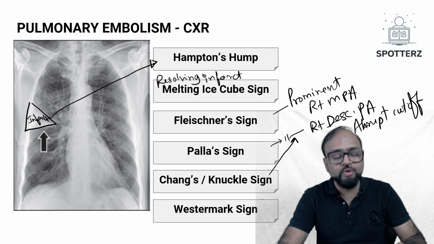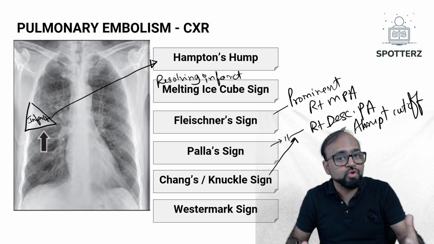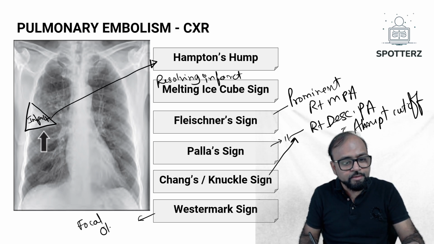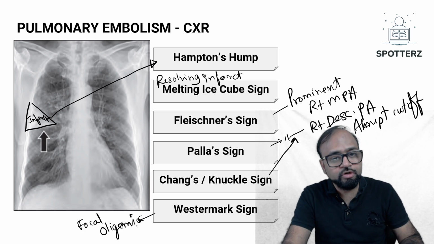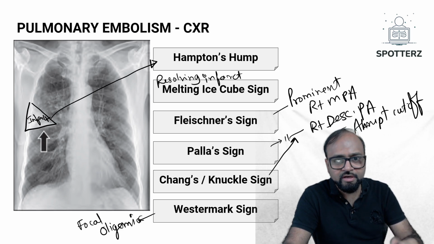What is this Westermark sign? When there is a thrombus in the artery, that part of the lung is not going to receive good blood supply, so there is going to be focal oligemia in that affected part. This is what is called the Westermark sign, right? So that is focal oligemia involving the affected lung field.